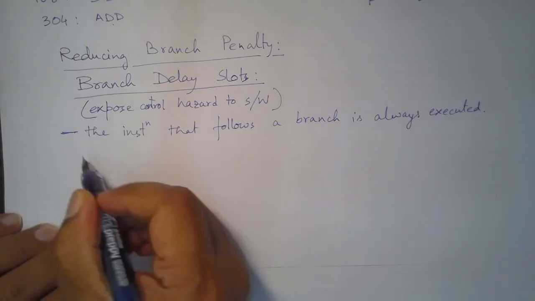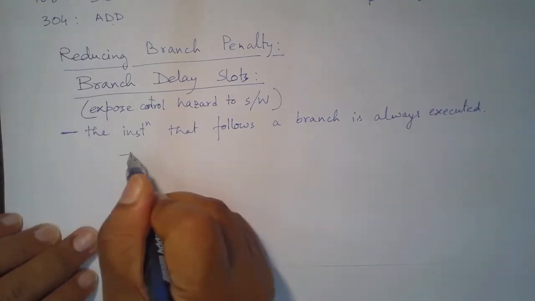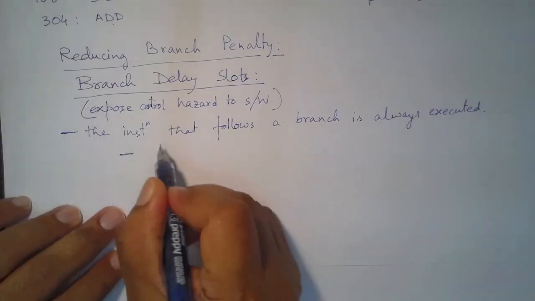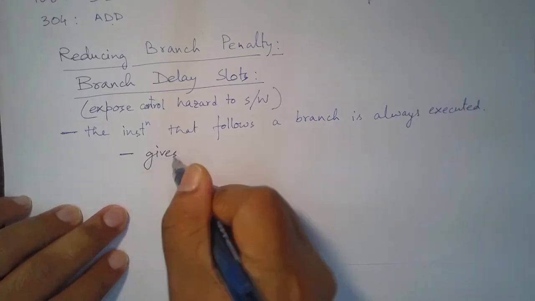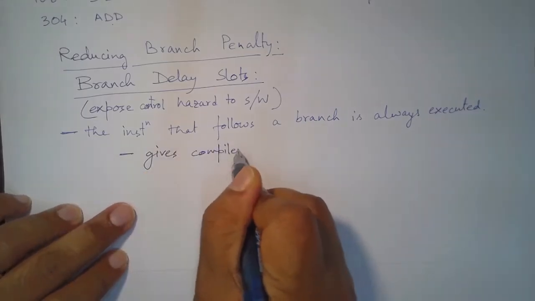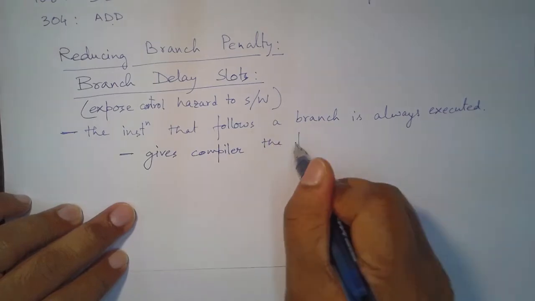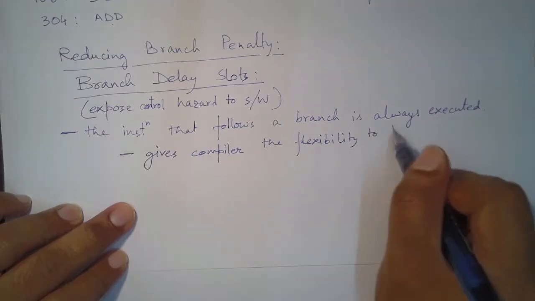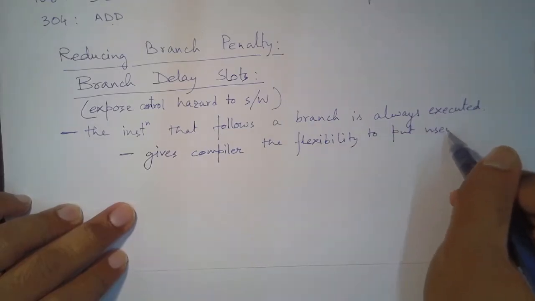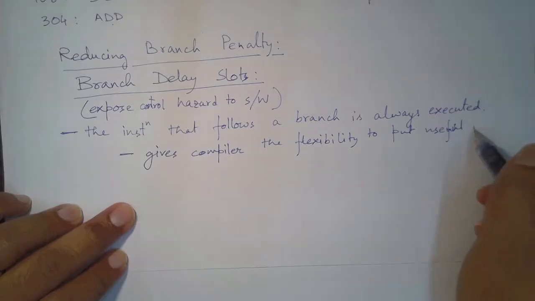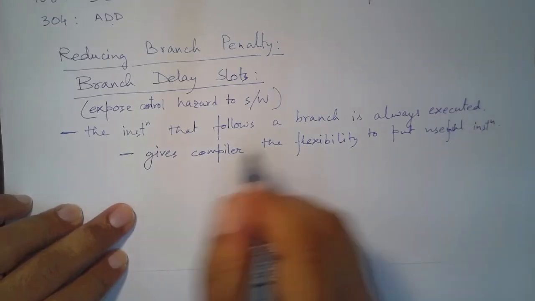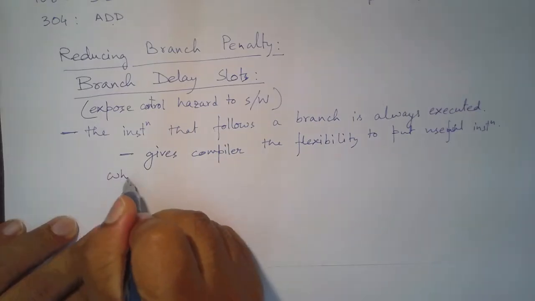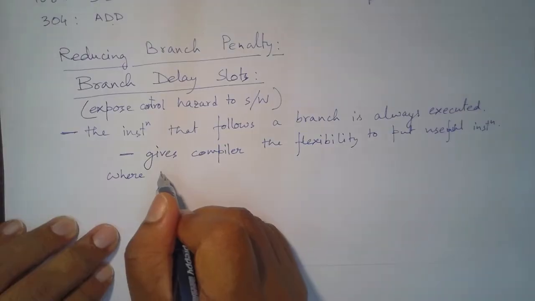So just to put it in words, basically this gives the compiler the flexibility to put a useful instruction where otherwise this pipeline bubble would have resulted.